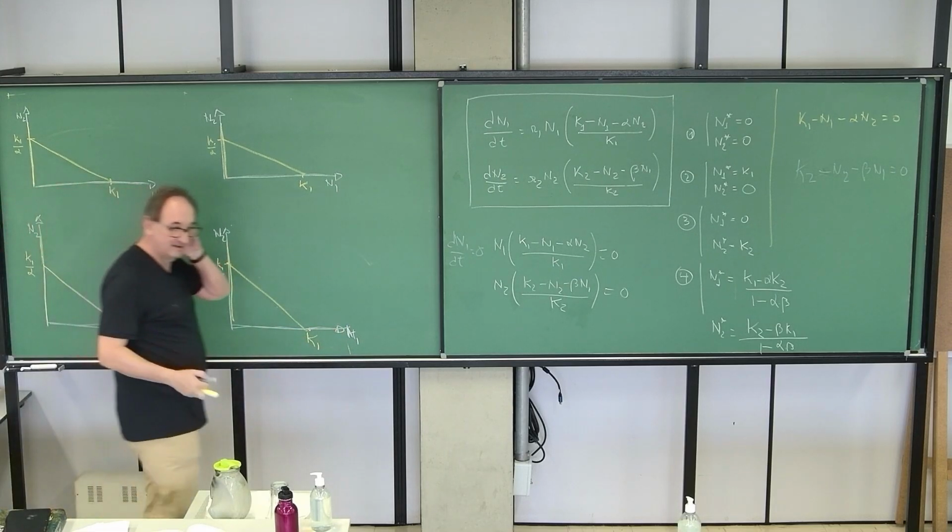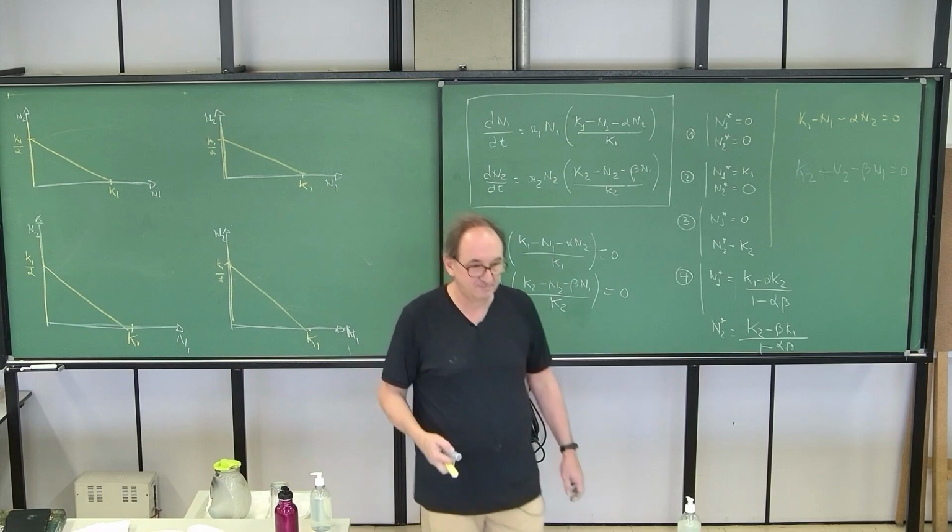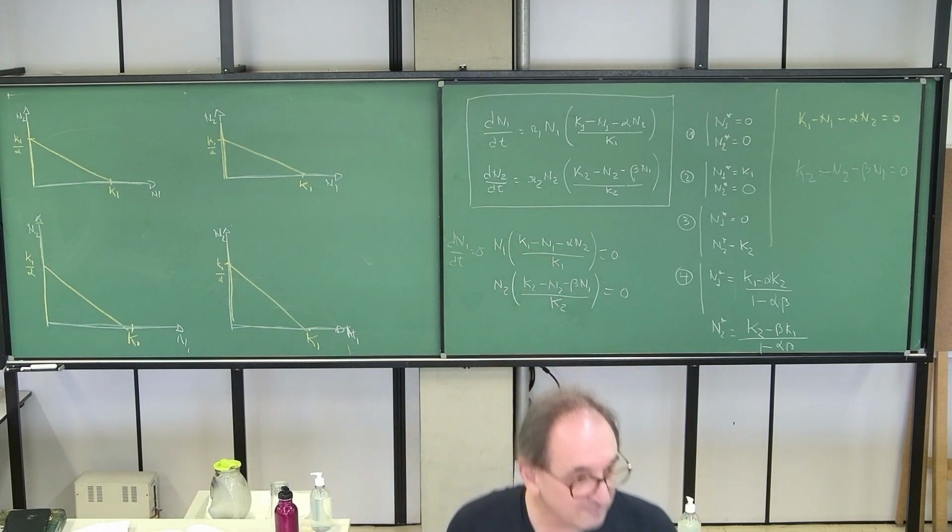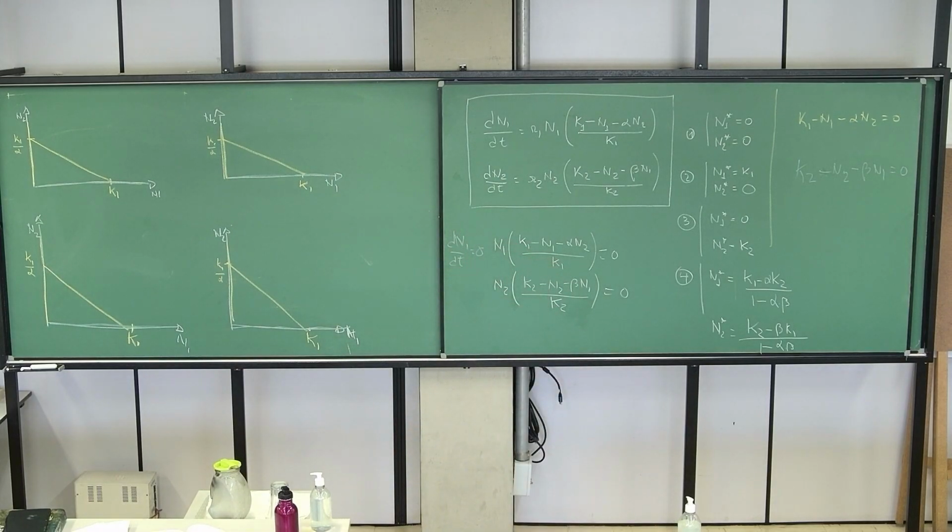Yes, Mike. Sorry, I'm not following very well. Why did you only take the upper part of the equation to draw the graphs? Because k1 is positive.